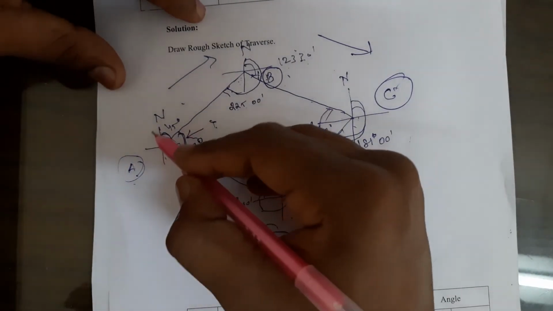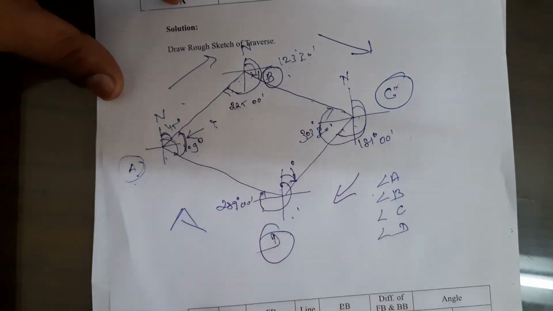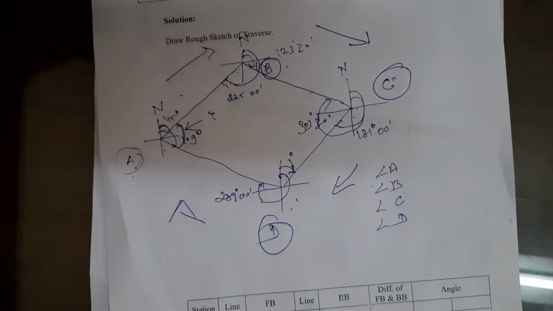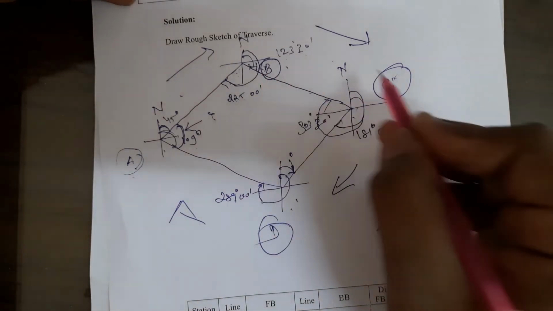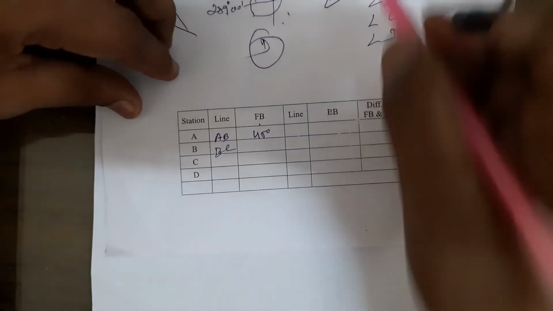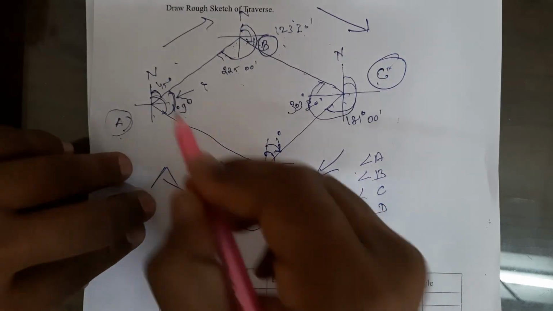From station A to B, the bearing measured is line AB. So for forward bearing the line is AB. What is this value? It is 45 degree. Same for line BC for station B, for station C it is CD, and for station D it is DA.